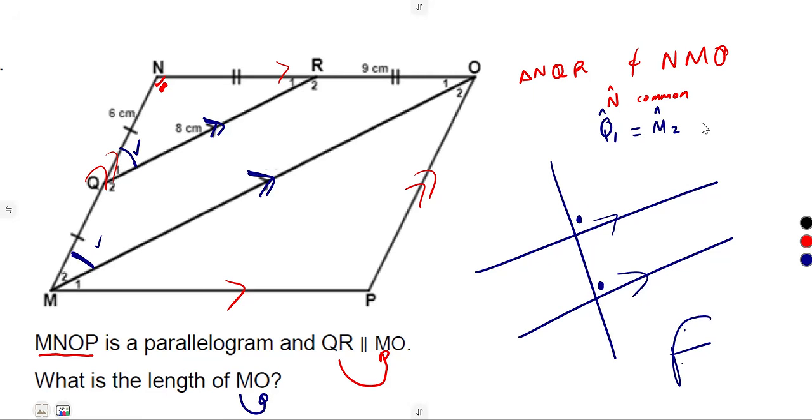They're exactly the same. Corresponding angles. The same thing happens to angle R1 of this triangle on top, which is triangle NQR. It is the same as angle O1. Corresponding angles again. One is inside, the other one outside of the parallel lines. So you can say angle R1 is the same as angle O1. Corresponding angles again.